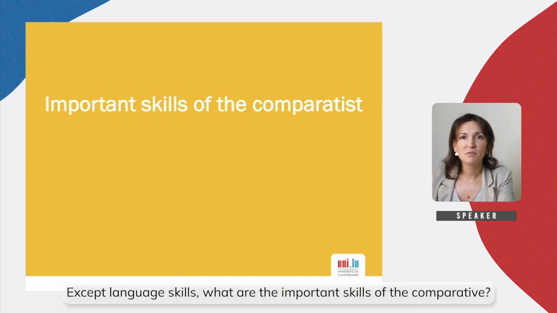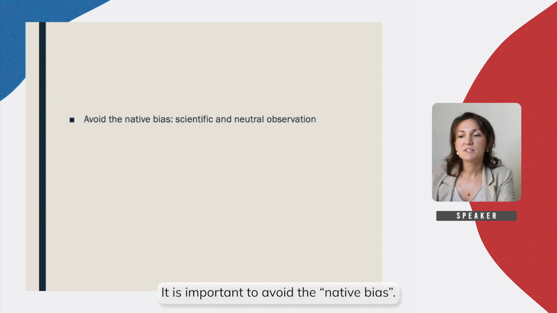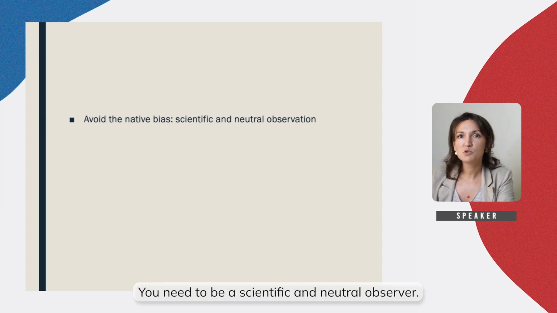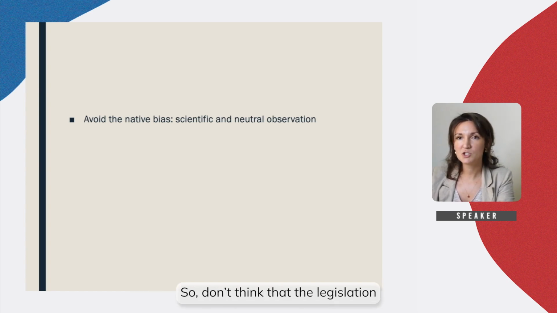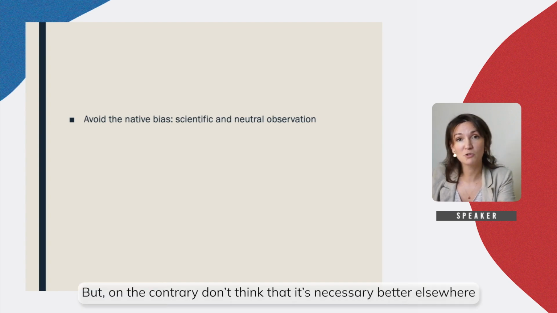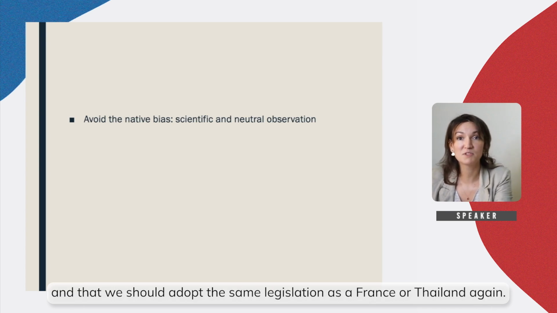So except language skills, what are the important skills of the comparatists? It is important to avoid the native bias. You need to be a scientific and neutral observer. So don't think that the legislation is necessarily better in your own country, but on the contrary, don't think that it's necessarily better elsewhere and that we should adopt the same legislation as France or Thailand.